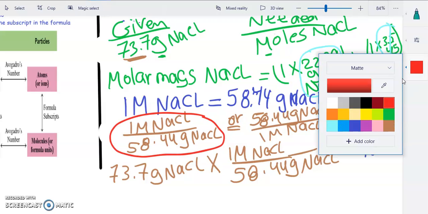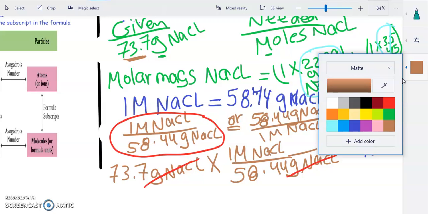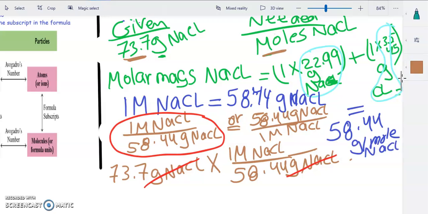And then we will cancel those units and check whether this is the unit that we actually need. The one that we have now is mole NaCl. Is this the one that we look for? Yeah, that's the one. So you do your calculations and you will find that this is equal to 1.26 mole NaCl.